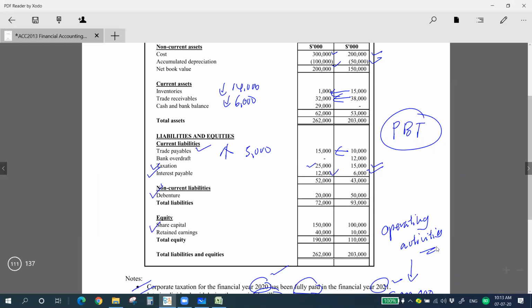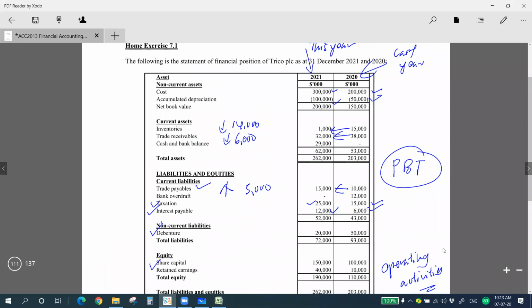So debenture 2020 is 50,000 and 2021 is 20,000. So this amount decreased by 30,000. So class, tell me, when you have a decrease in your debenture, is it repayment of your debenture or do you obtain a new debenture from your creditors? This 30,000.